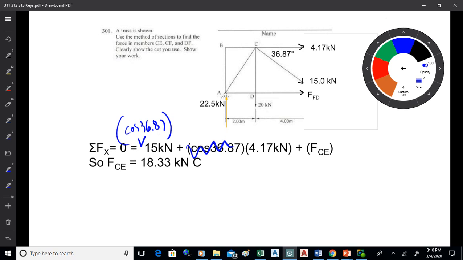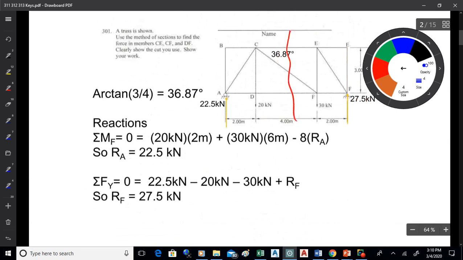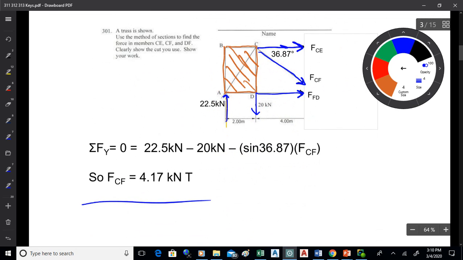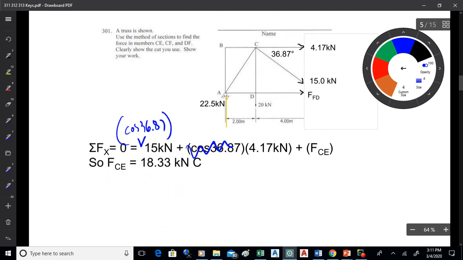Not sure about that. Let's see. We got tension there. What do we got on this thing? Should be compression, FCE. So are we okay with that? FFD, oh, there we go. I got some problems here. This should have been 15, right?